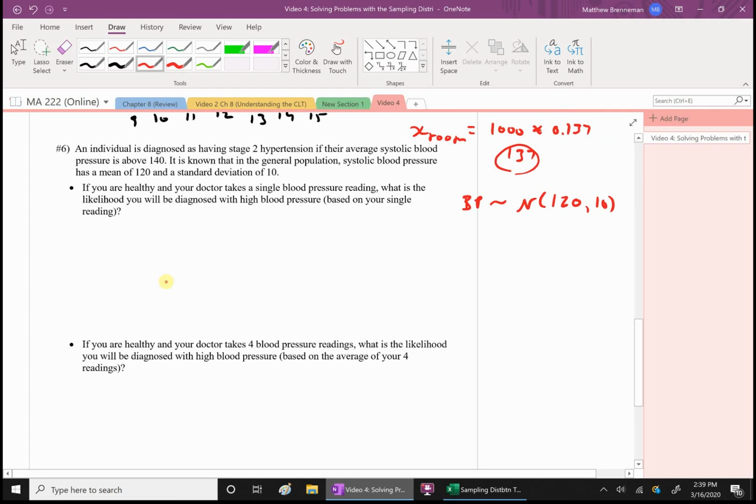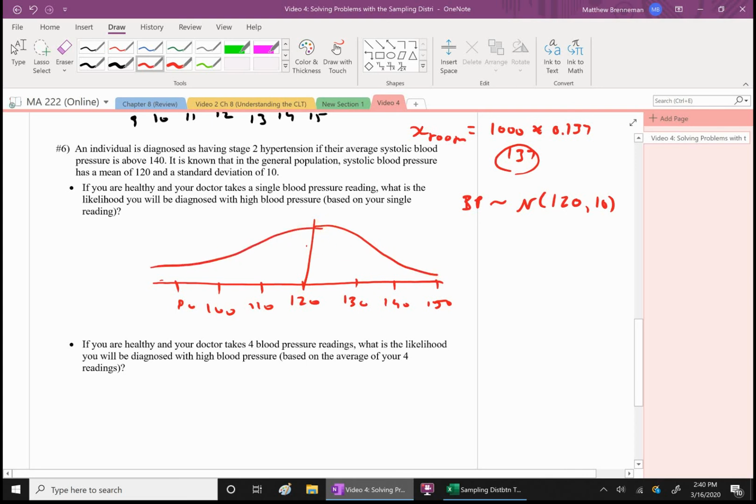So if I think about what this distribution looks like, I'm just going to sketch this out. So if you just pick a person from the general population, we're not stipulating they have to be healthy, but the blood pressure from a randomly chosen person in the population has this distribution.